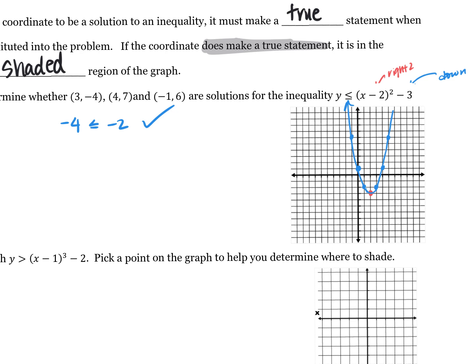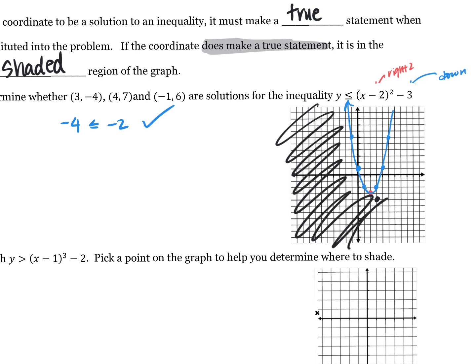So where that point is, (3, -4), is down here. If that point is true, we should shade down here. Does that seem legit if my original said y is less than all that stuff? Less than is typically underneath. I think that seems fine.